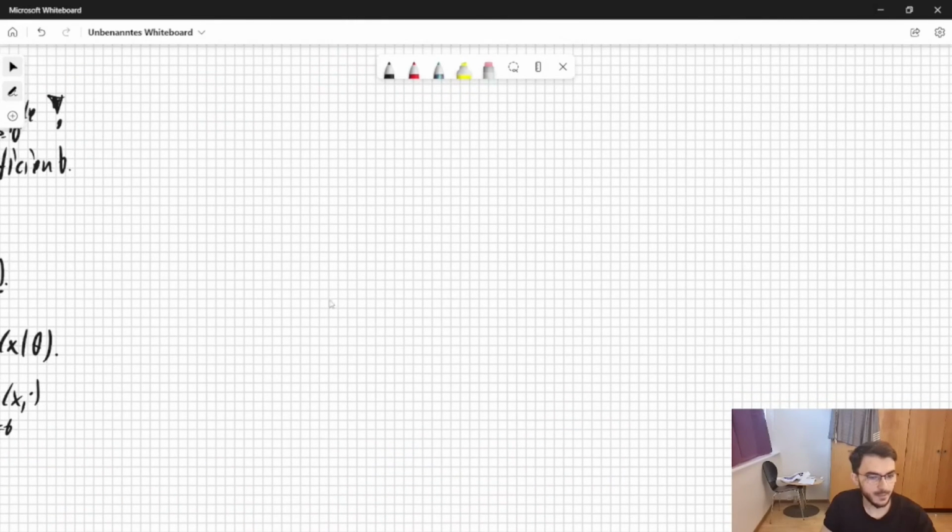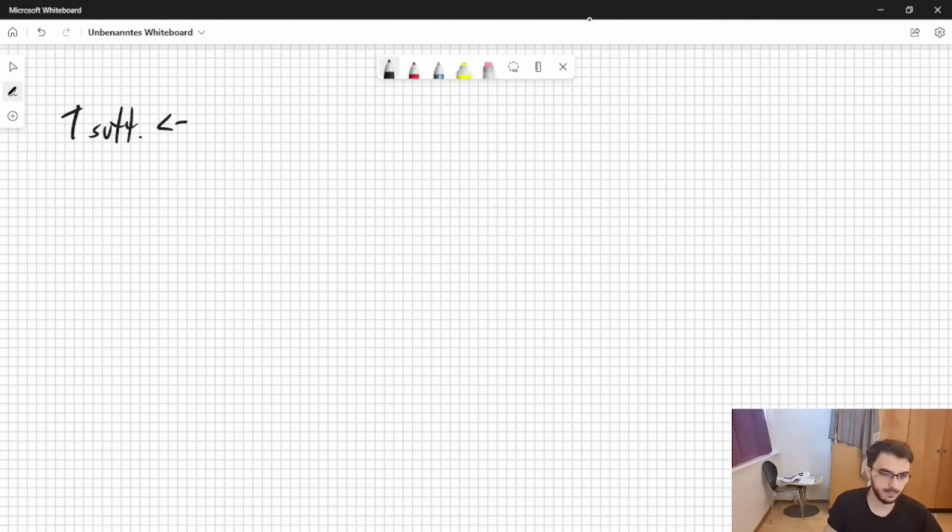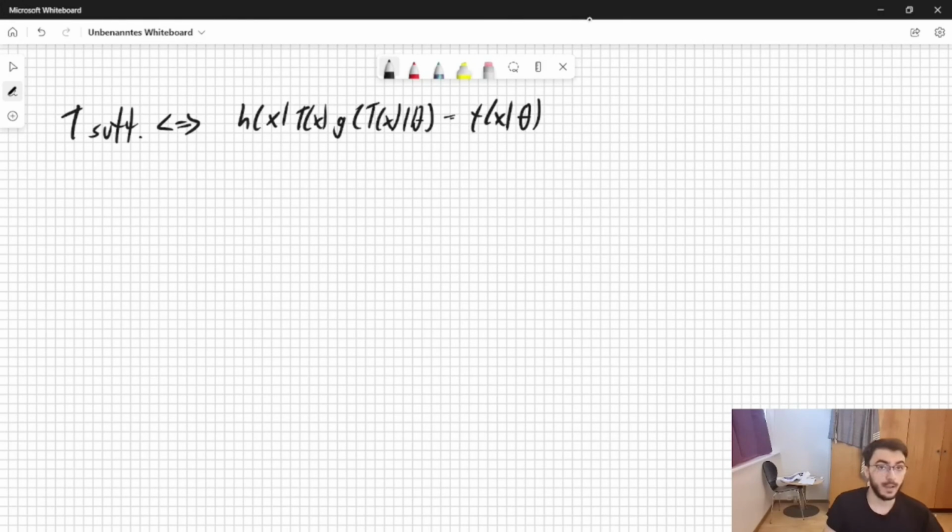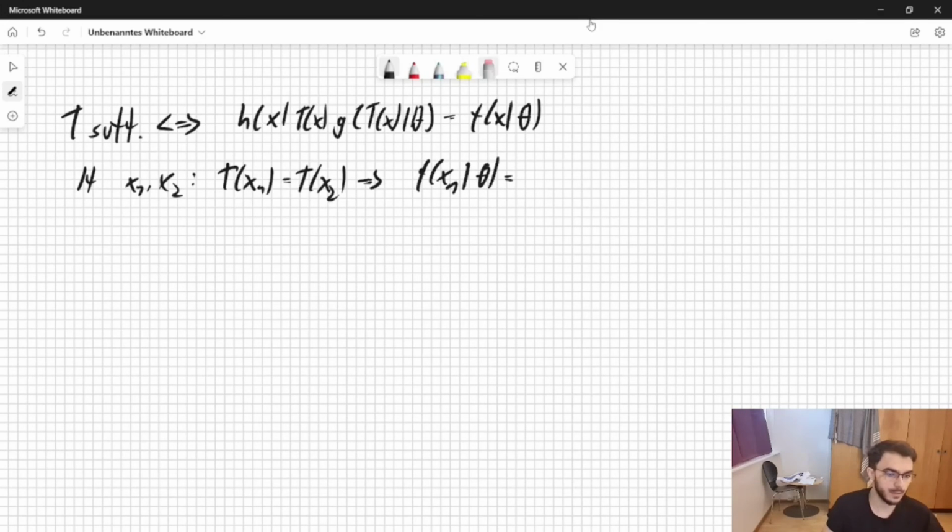Okay, so we had this factorization theorem. And this immediately, if we have the likelihood principle, implies the sufficiency principle, because if we have x1, x2, such that t of x1 equals t of x2, and this implies that f of x1, so this is the likelihood, right?